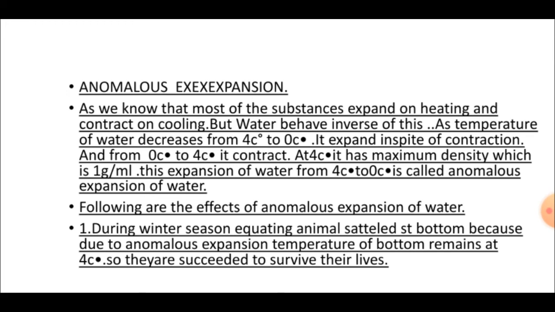So they survive at the bottom of the ocean, because when the temperature goes below 0 degree centigrade, the temperature of the bottom remains constant at 4 degree centigrade. So the aquatic animals settle down and preserve their lives.